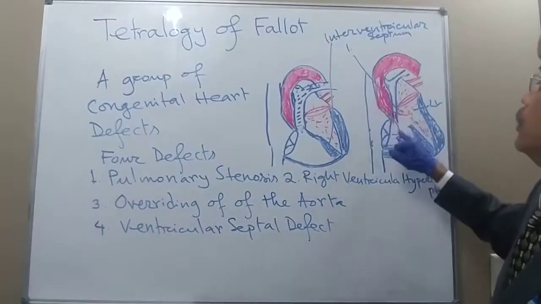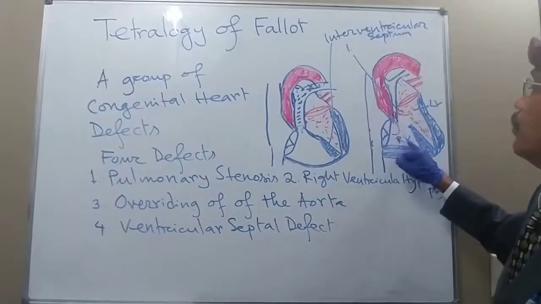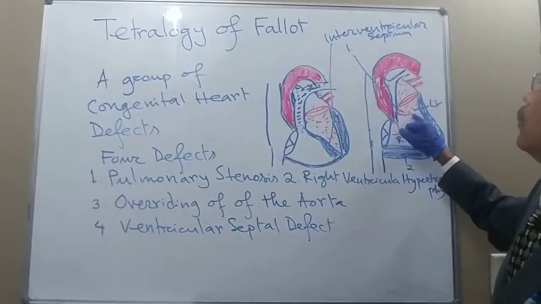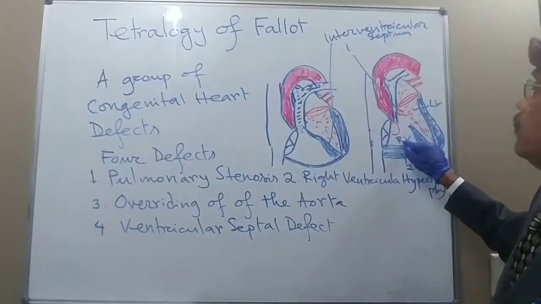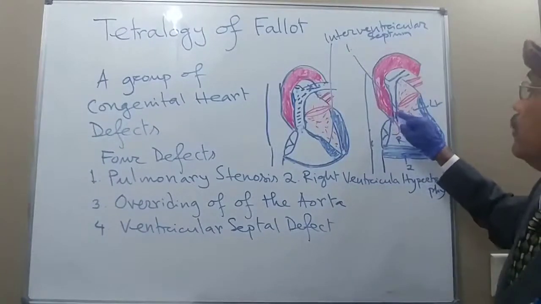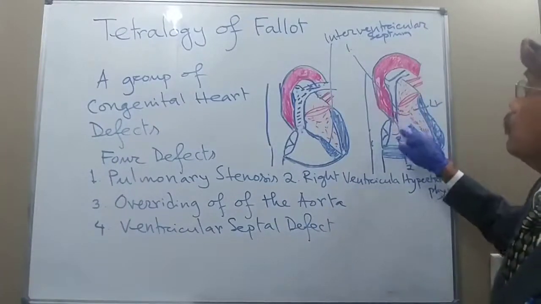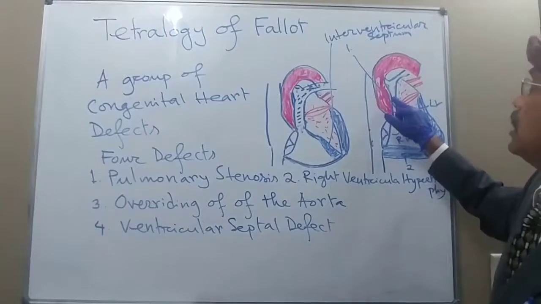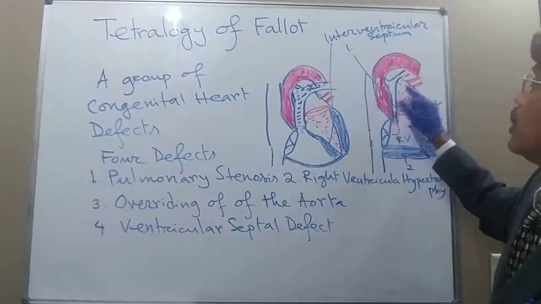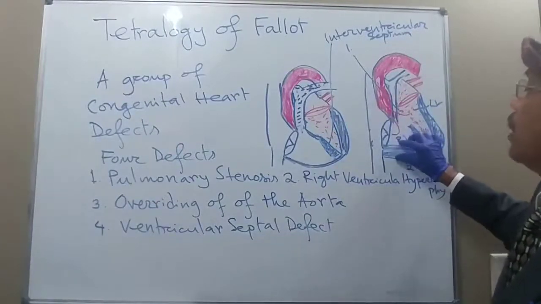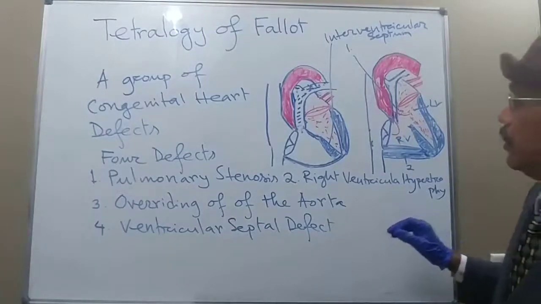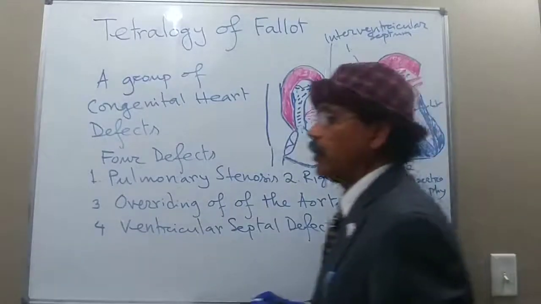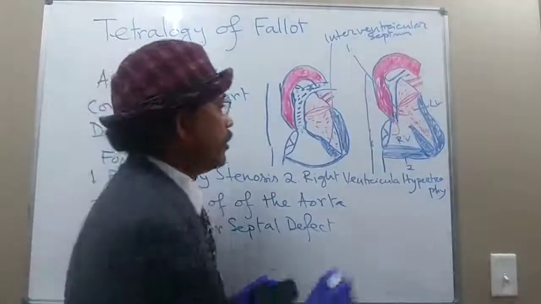A significant part of the blood goes to the left ventricle. The right ventricle works against resistance to propel blood into the stenosed pulmonary trunk, so it becomes hypertrophied. That is the reason for hypertrophy of the right ventricle.